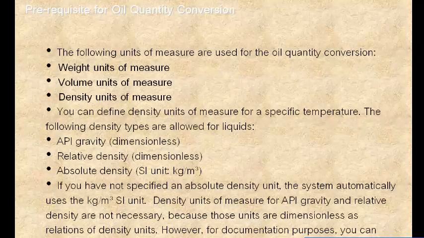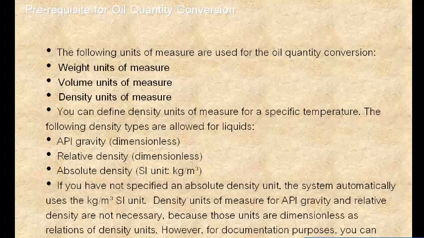The prerequisites for these routines: we discussed that SAP background routines work to do the dynamic conversion, and for that we should have some prerequisites. We should have a weight unit of measure, a volume unit of measure, and a density unit of measure.